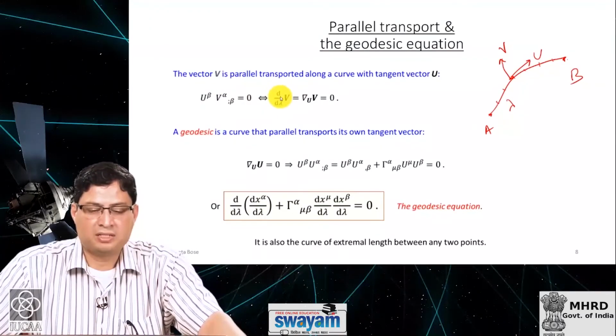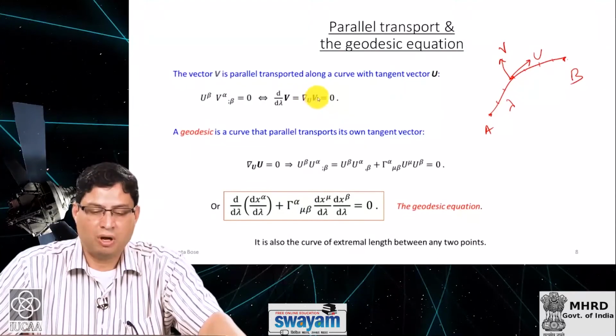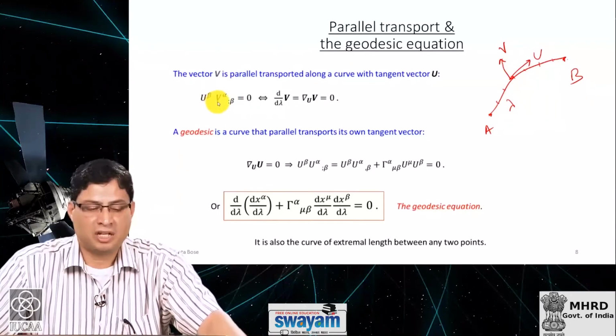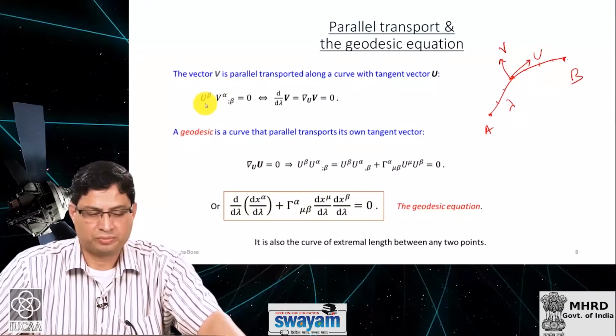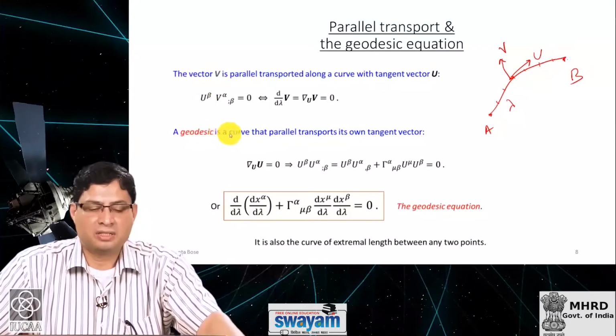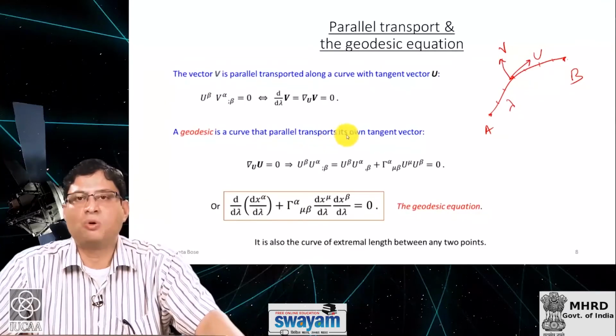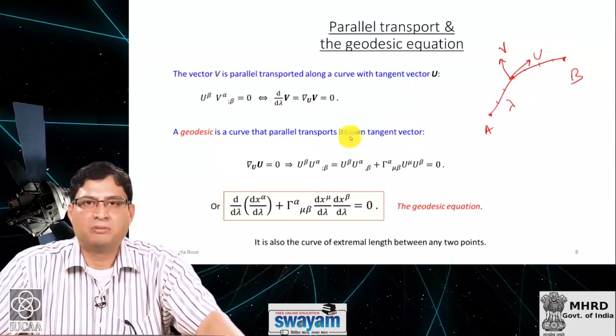Symbolically, this is the same as the derivative of v with respect to lambda, which is the same as this covariant derivative with respect to u of the vector v. And if this is 0, you say that v, the 4 vector, has been parallel transported along a curve whose tangent vectors are u. A geodesic is a curve that parallel transports its own tangent vector, which means here this equation is satisfied with v replaced by u itself.